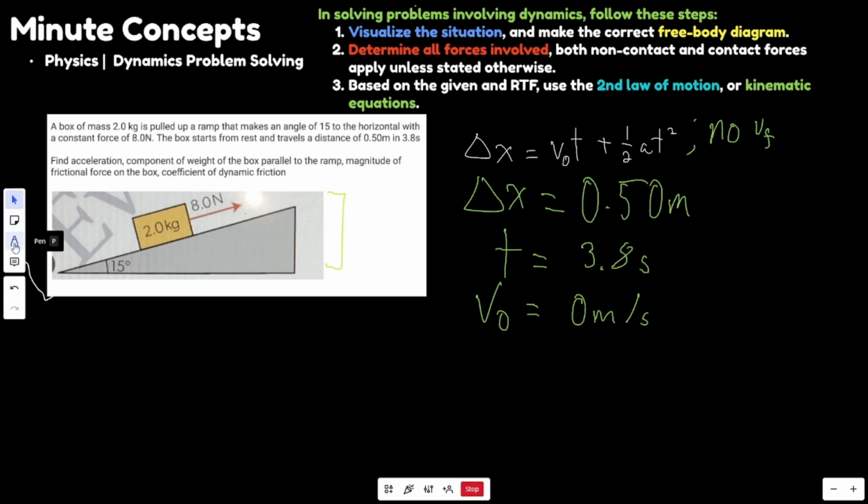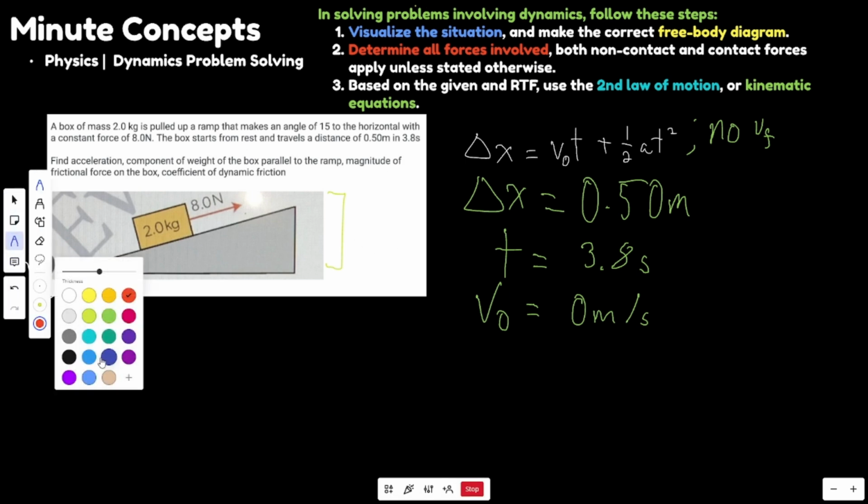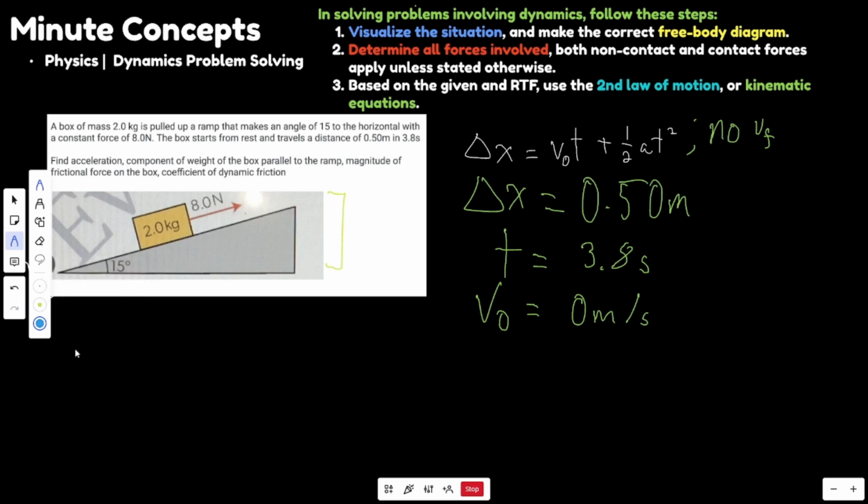Let's use the blue pen. So delta x, which is 0.50 meters, is equal to 0 times time, which is just 0, so we're going to get rid of that, plus 1/2 a times 3.8 squared.